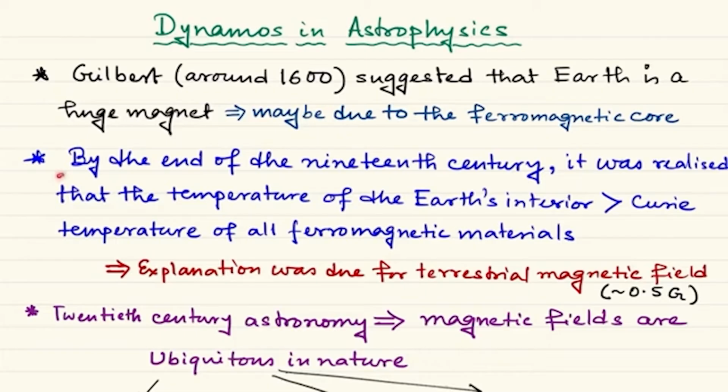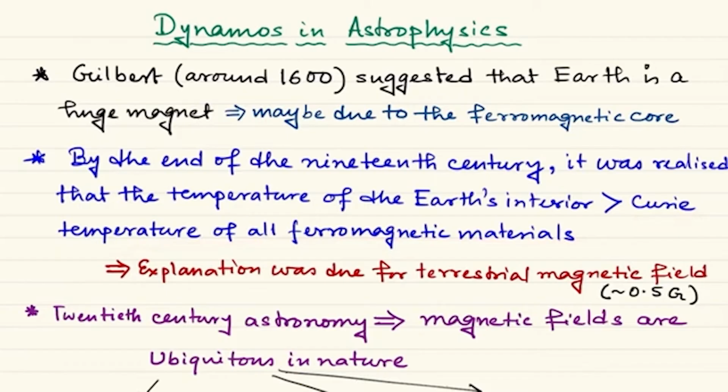But by the end of the 19th century, when people came to know about magnetic phase transition and the existence of the temperature called the Curie temperature, they realized that the temperature in the Earth's interior is much greater than the Curie temperature of all possible ferromagnetic materials.